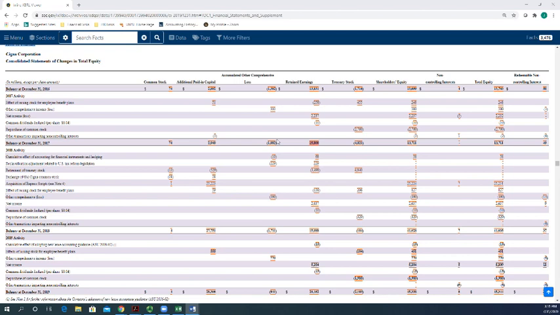It's a very easy statement to prepare, but sometimes the acronyms that we use make it confusing. On this statement of shareholders' equity, you see this account called accumulated other comprehensive loss in this case. This is a balance sheet account that is analogous to retained earnings, but only for the items that flow through the other comprehensive income part of the statement of comprehensive income.